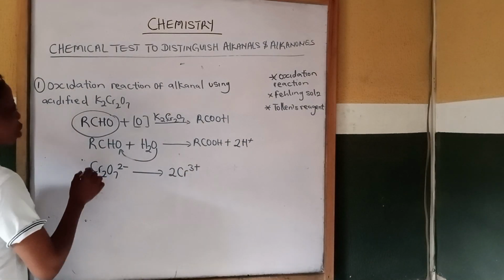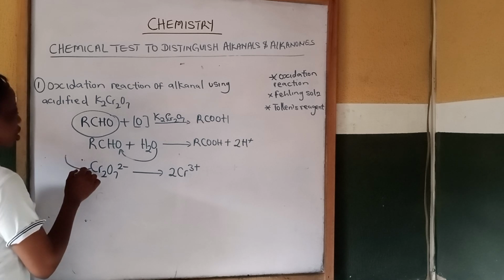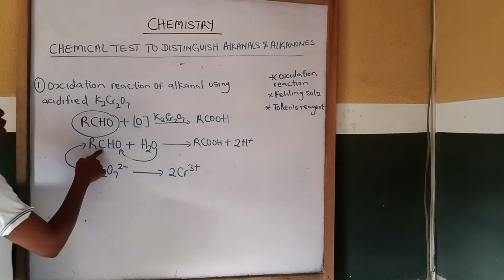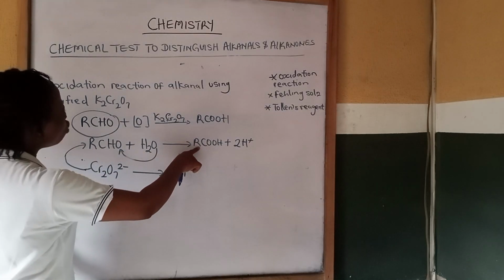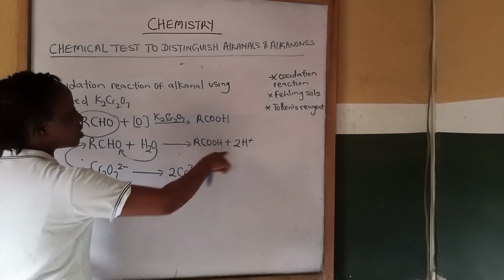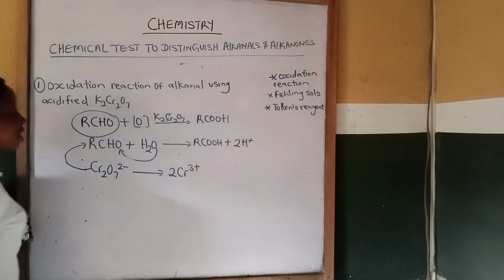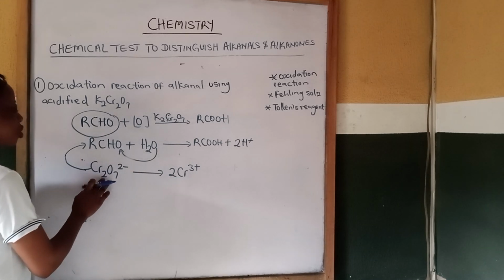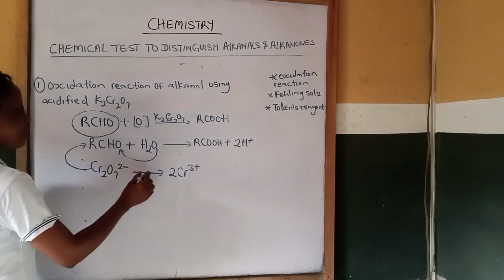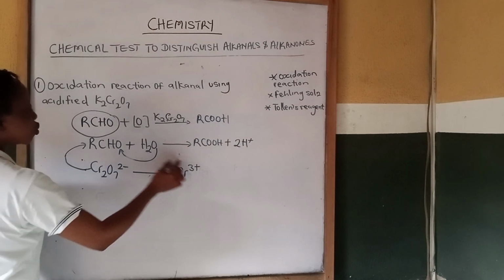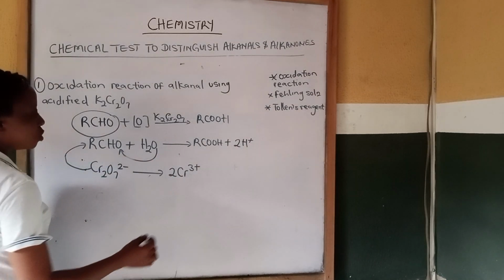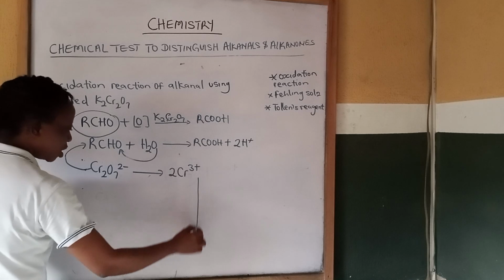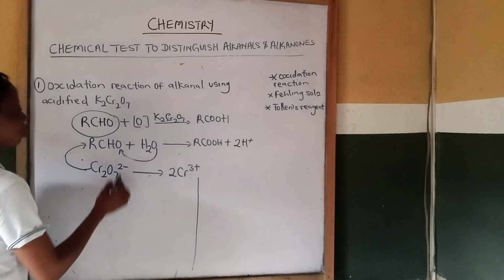So you are going to write your redox equation for this reaction, that is for your potassium dichromate, and for your alkanal, which dissociates to alkanoic acid and hydrogen ion. So you write your redox equation for the two reactions. This is the first half reaction, and this is the second half reaction. For the first half reaction you balance your redox equation, then for the second half reaction you balance your redox equation.